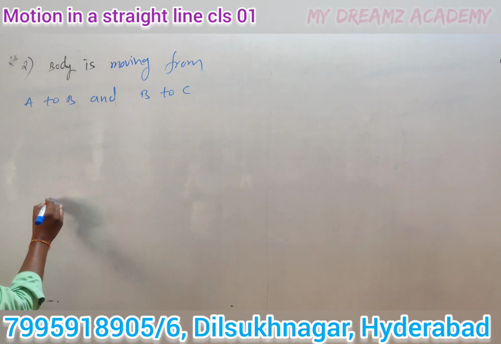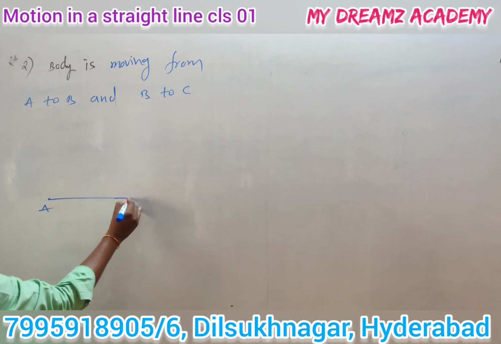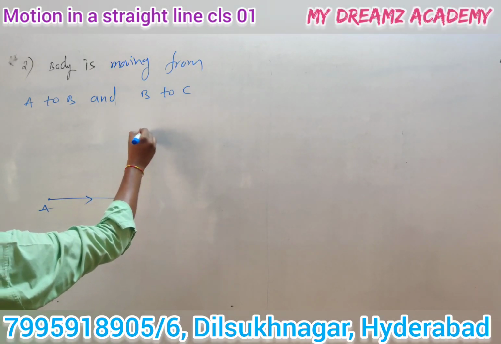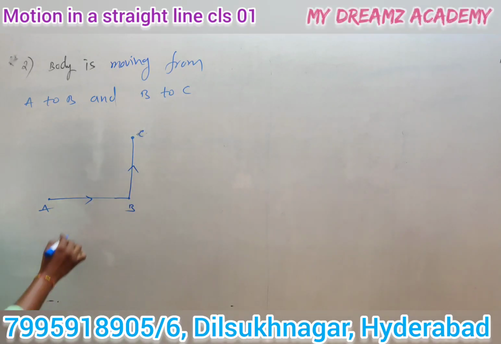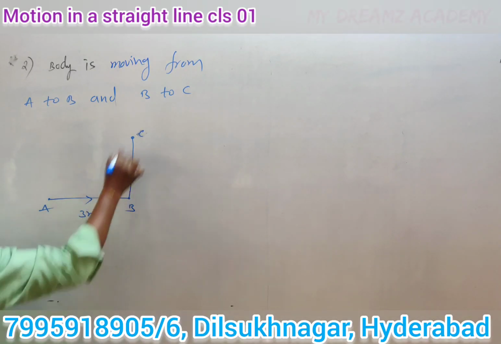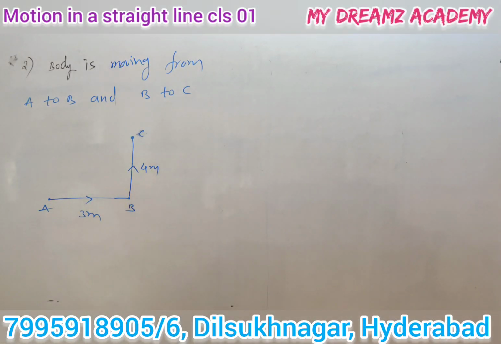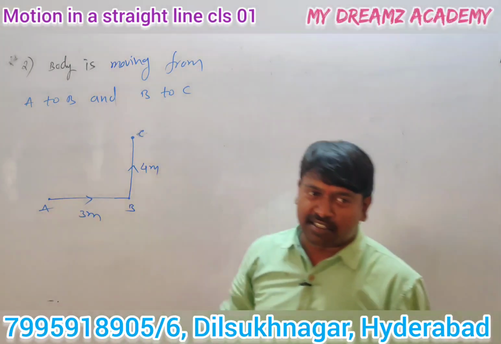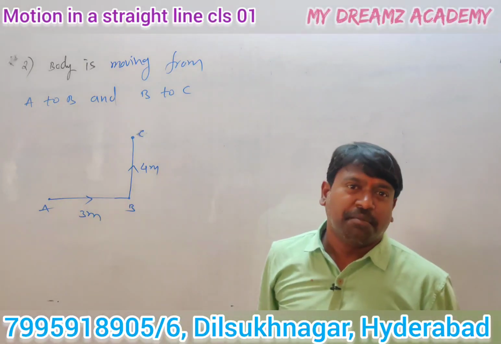The body is initially at point A, it moves from A to B, and then from B to C. Suppose AB is 3 meters and BC is 4 meters. The initial position of the body is A and the final position is C.